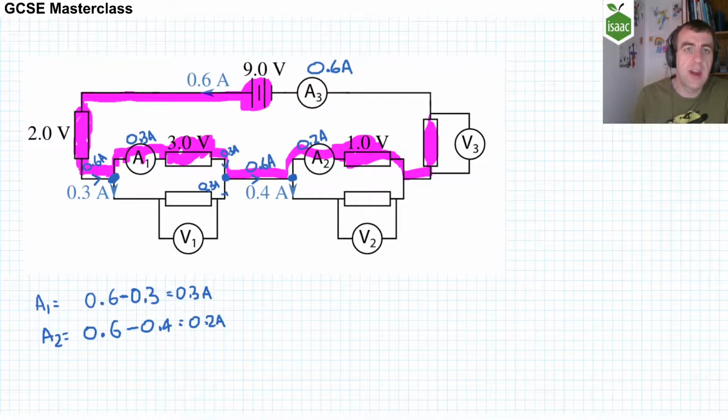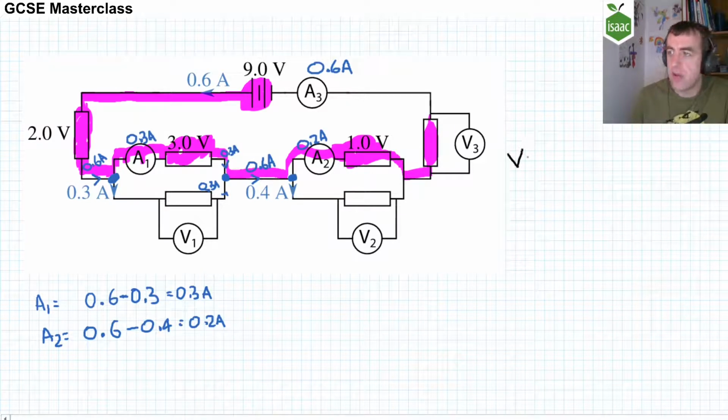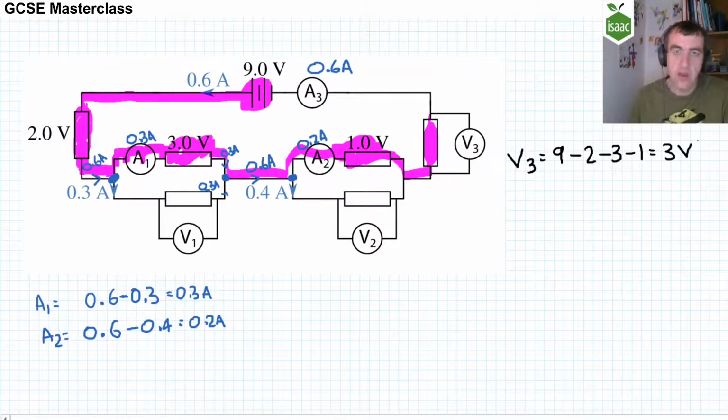So let's work that out. So for V3, we have 9.0 minus 2 minus 3 minus 1 equals 3 volts. So we drop off 3 volts at V3.